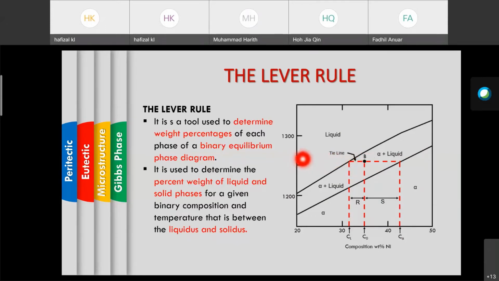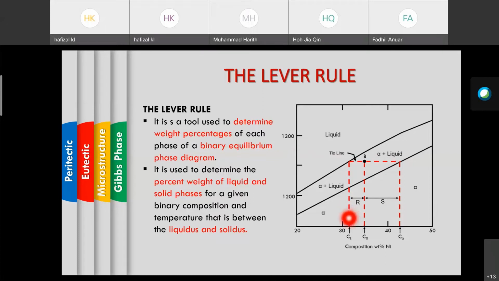From there we make a horizontal line that intersects this liquidus line and also this solidus line. Then we make a projection to the x-axis to get C alpha and also C liquid here. So we can determine the approximate value of C alpha, and also the value of C liquid somewhere around here.